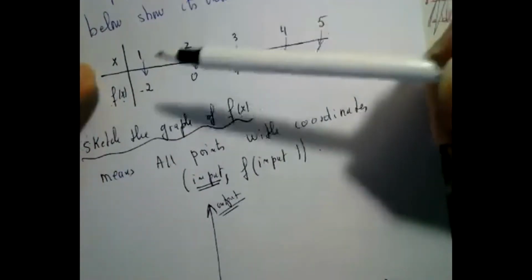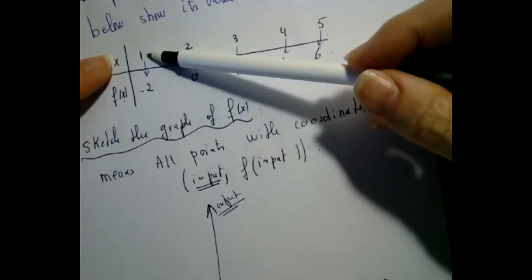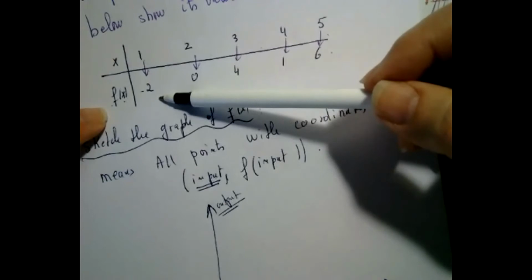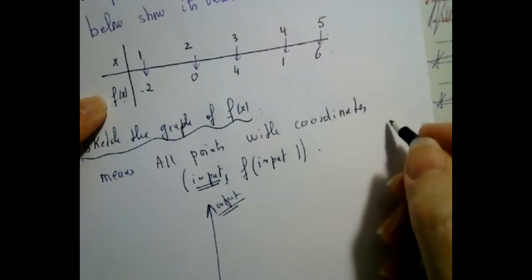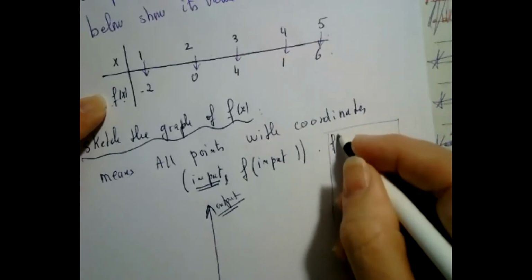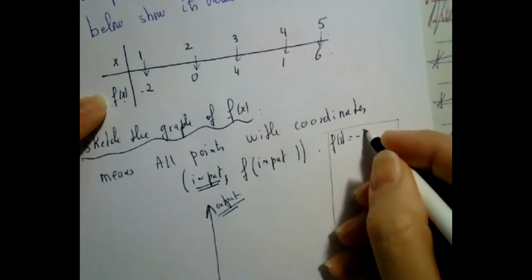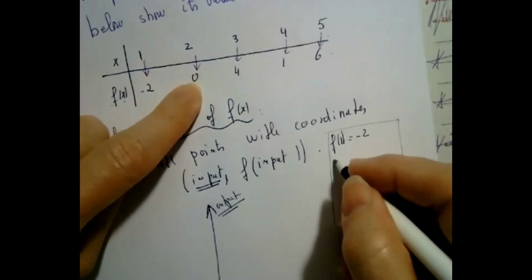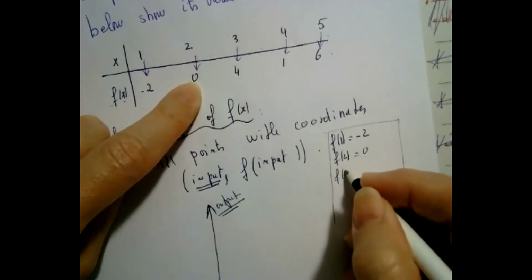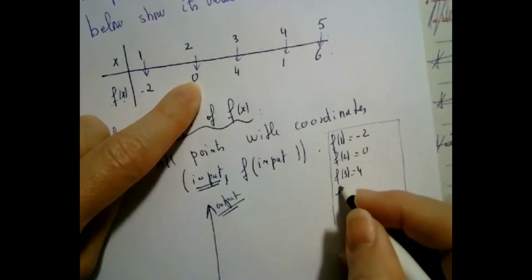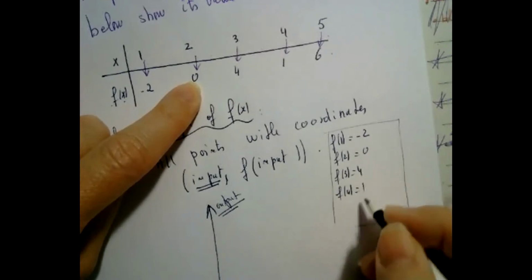What are the outputs? How am I going to sketch the graph? I'm going to sketch the points that have for coordinates 1, f of 1; 2, f of 2. So in this scenario, let's draw a little table. The value at 1 is -2. The value at 2 is 0. The value at 3 is 4, at 4 it's 1, and at 5 it's 6.